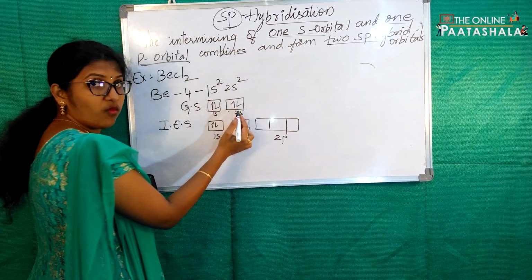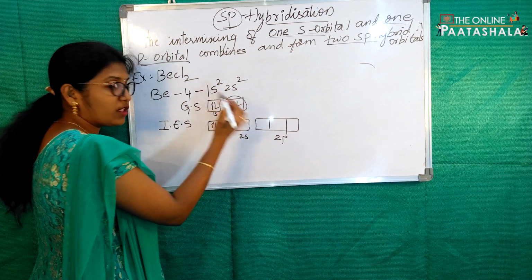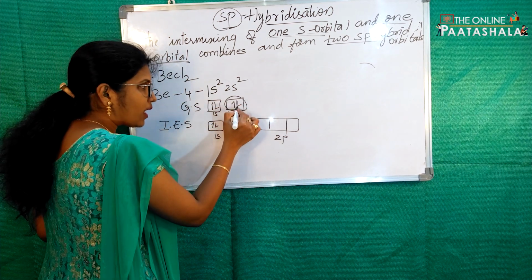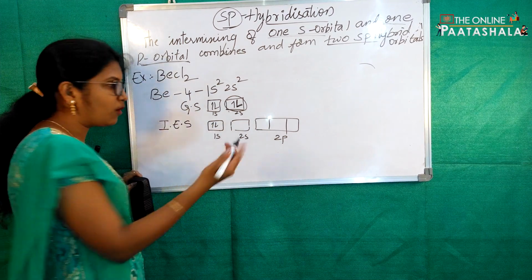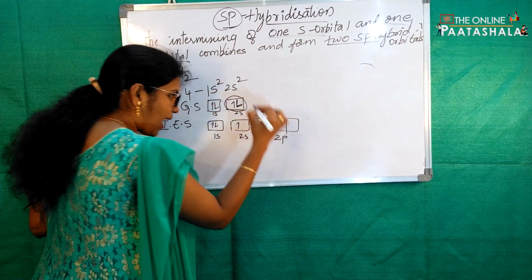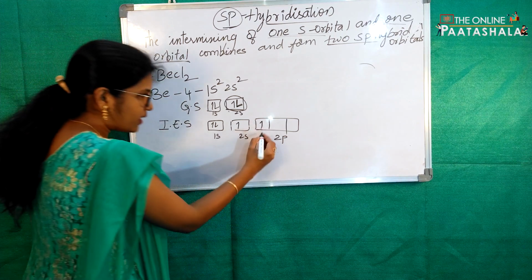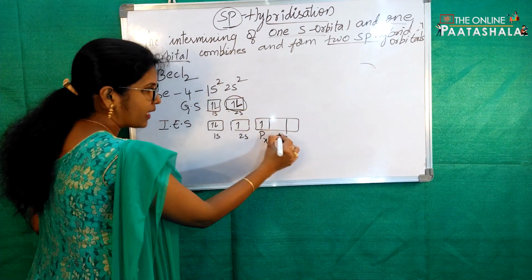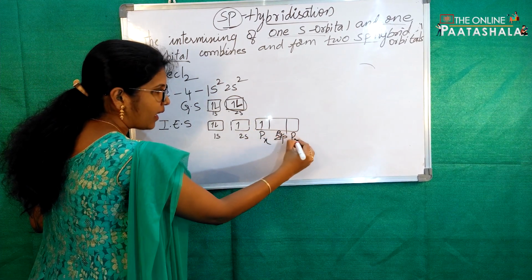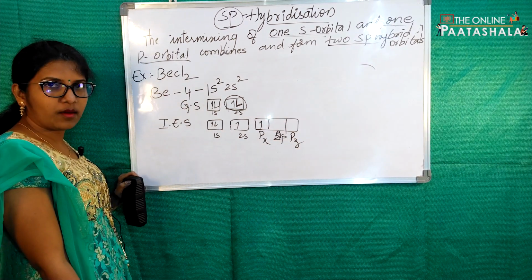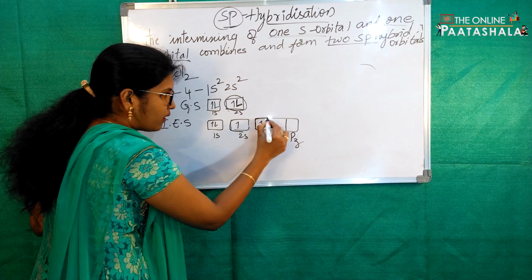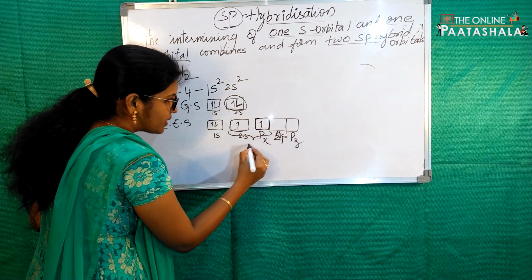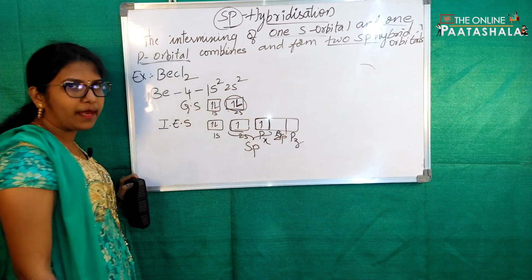In this 2s you have 2 electrons, and one electron gets excited and goes to 2p. In this 2p, this is px, this is py and this is pz. Now, one s orbital and one p orbital form sp hybridization.